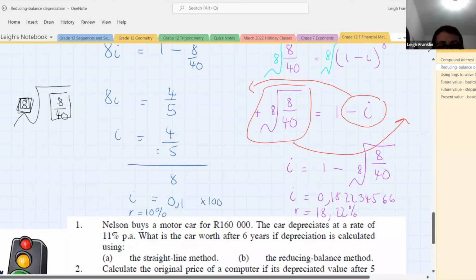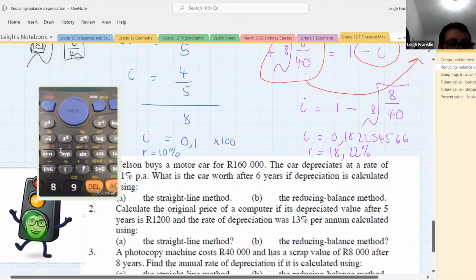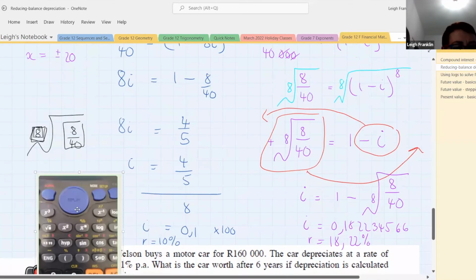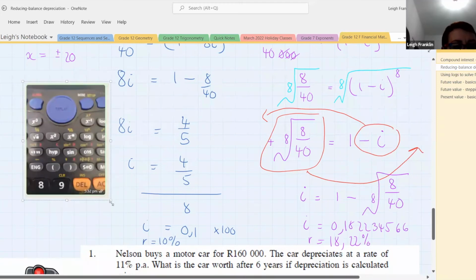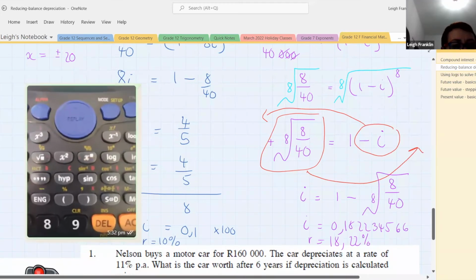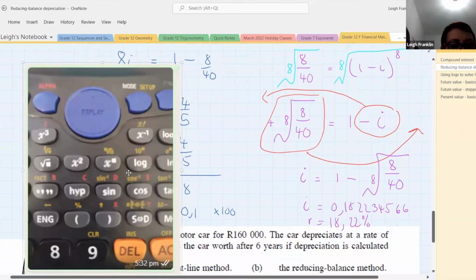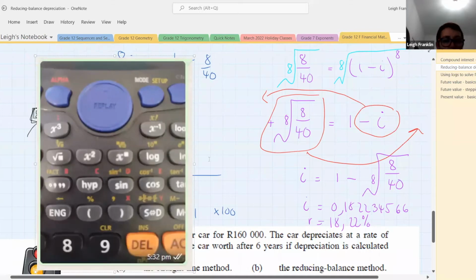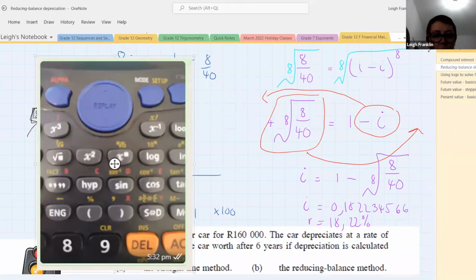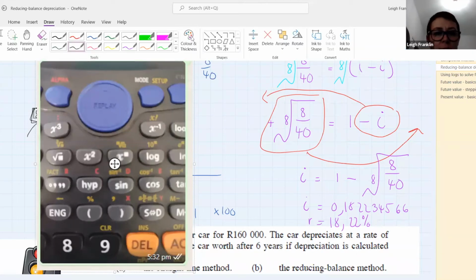Yeah. Okay. I've also got a picture of my calculator, I'm just going to post it here. There we go. There's my calculator. Can you see my calculator? Okay, so you press shift.